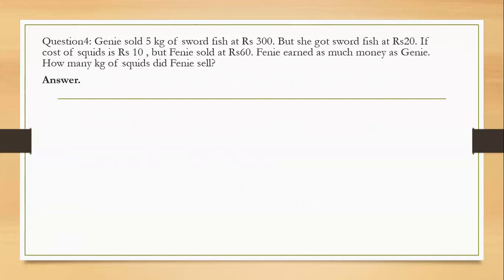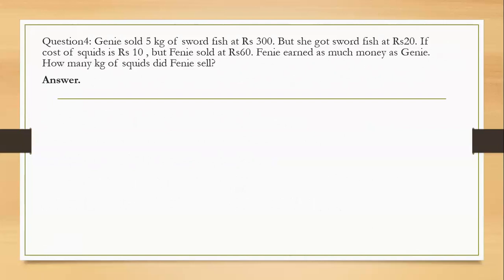Next question. Ginny sold 5 kg of swordfish at rupees 300, but she got swordfish at rupees 20. If the cost of squid is rupees 10, but Fanny sold at rupees 60, Fanny earned as much money as Ginny.